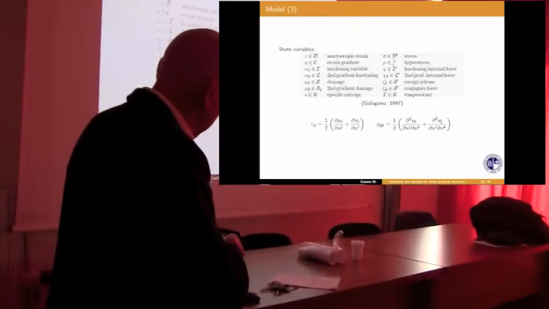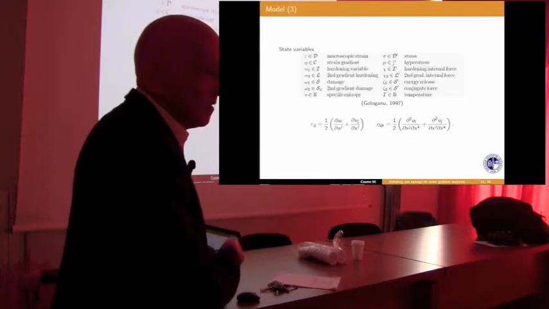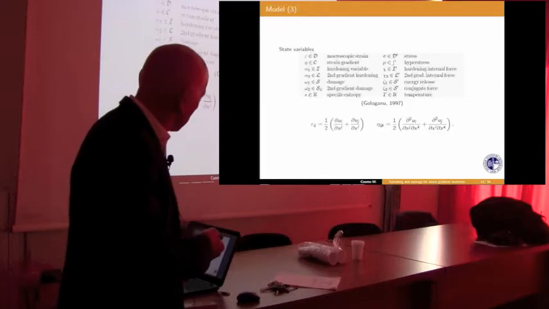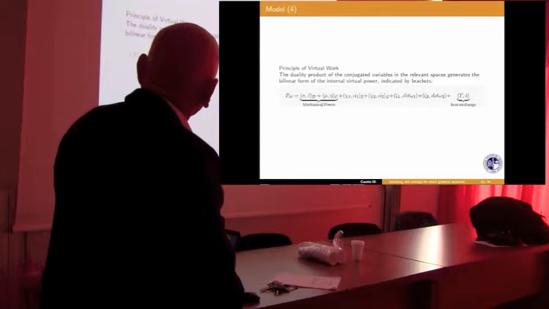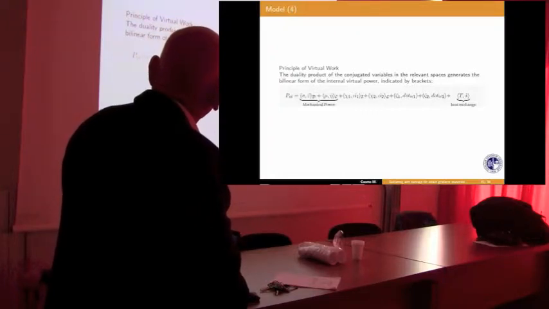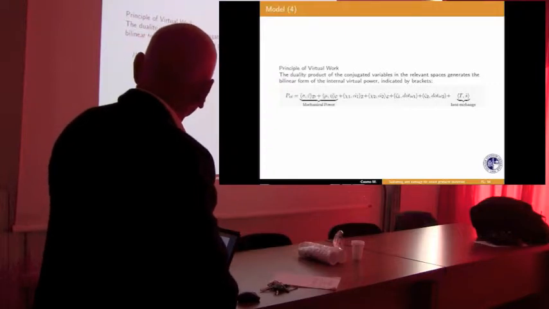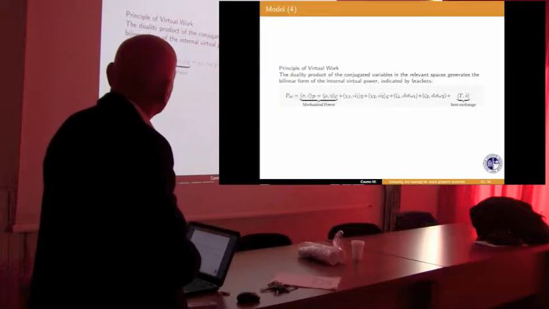The first one who had the idea of splitting the variable was probably Golagonyu in 1997. However, he then used just one variable for softening or hardening. All these variables have dual counterparts, so that the duality product in the proper space gives the internal power.